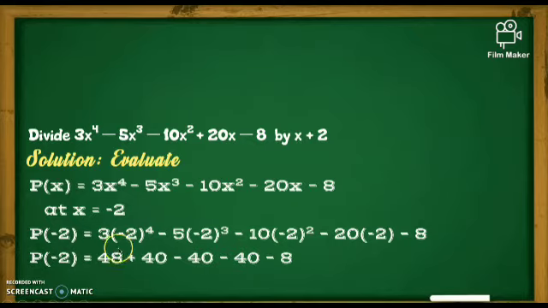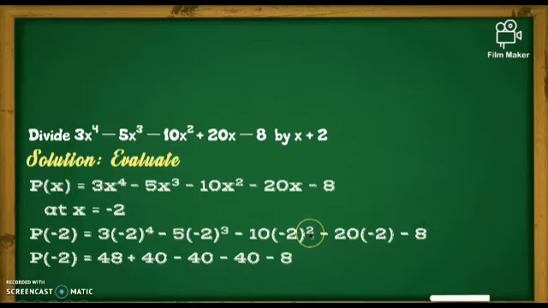Simplify. Negative 2 raised to 4 is equal to 16 times 3 equals 48. Then negative 2 raised to 3 is negative 8 times negative 5 is positive 40.